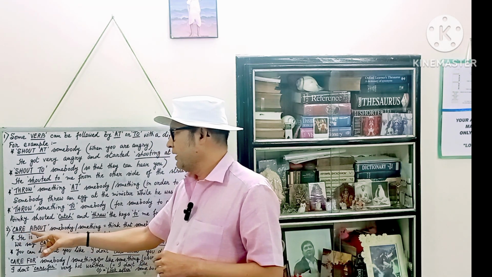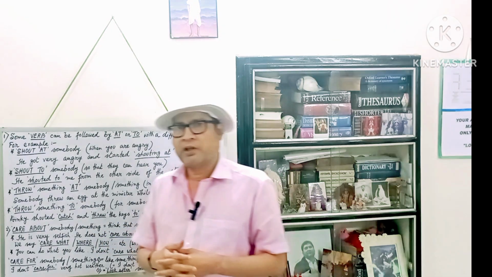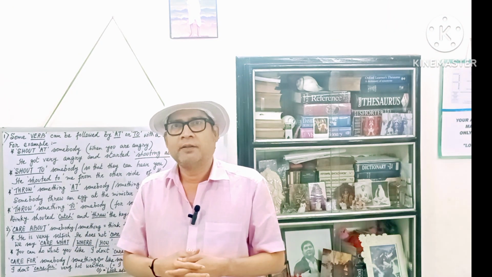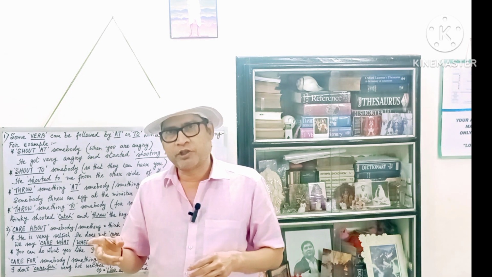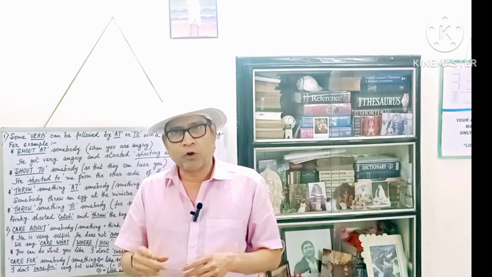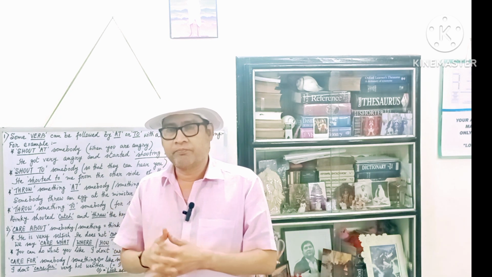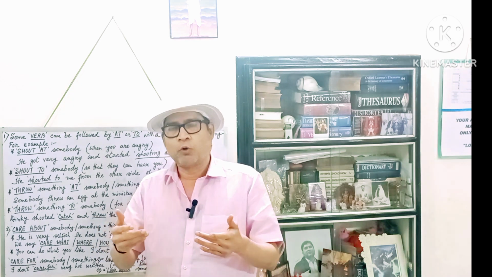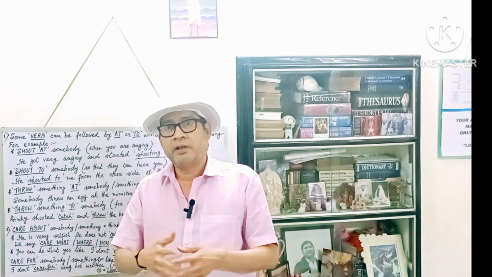Next one, you see, care about somebody or something. Care may be followed by about or for. Either use the preposition about or for. But remember, the meanings will not be the same. Care for means something, whereas care about means something else.